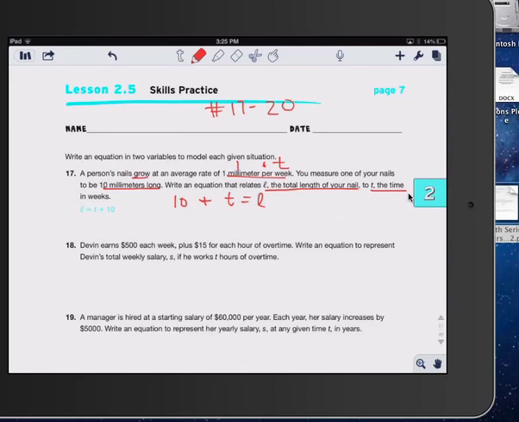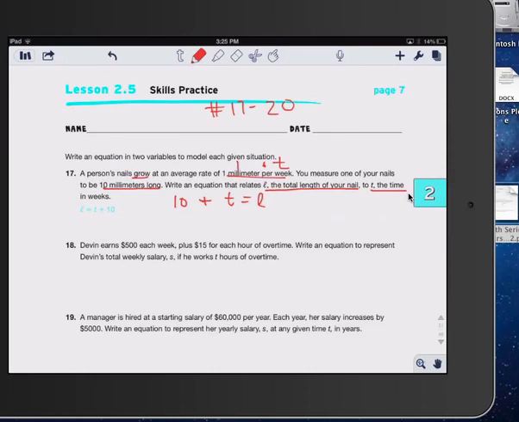Okay, a hairstylist earns $70 per day plus $20 for each haircut. So this person automatically earns $70 each day plus $20 for each haircut. Write an equation that relates his total daily income.